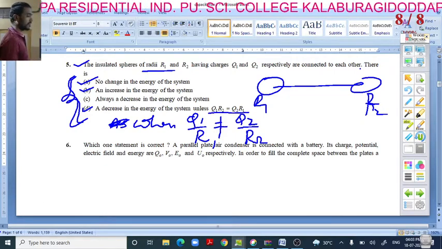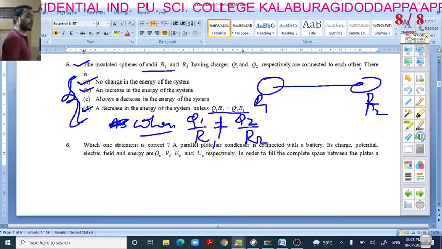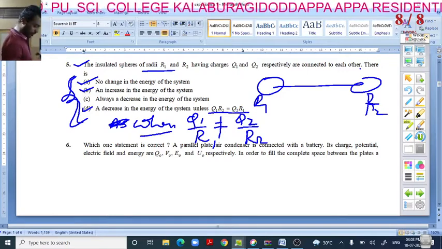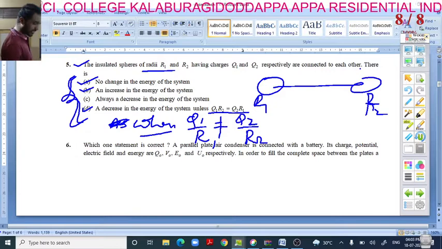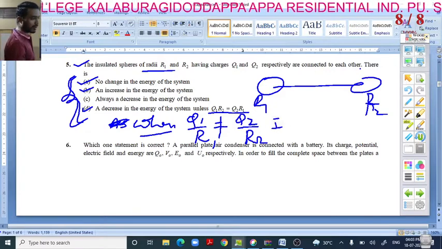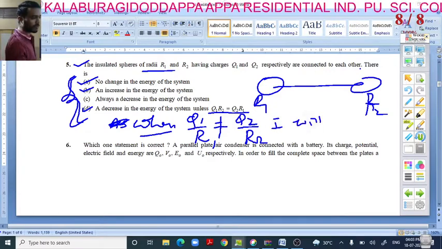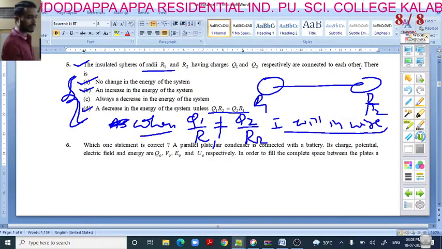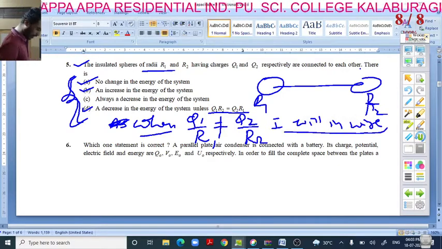When Q1 by R1 is not equal to Q2 by R2, current will flow in the connecting wire, right?